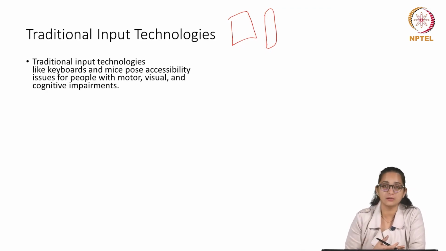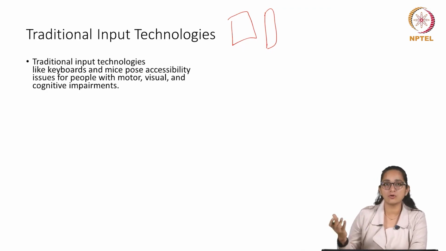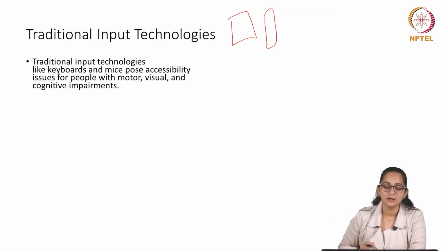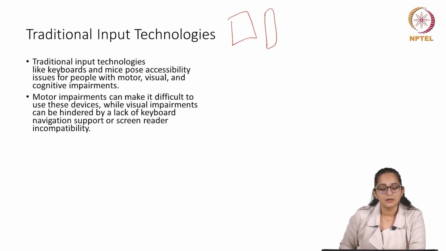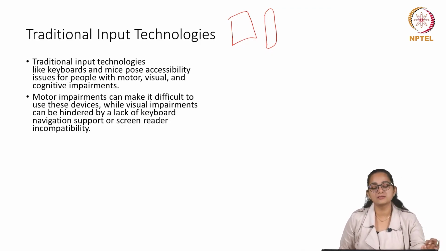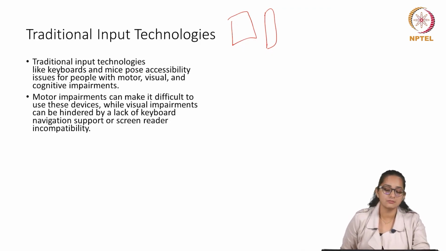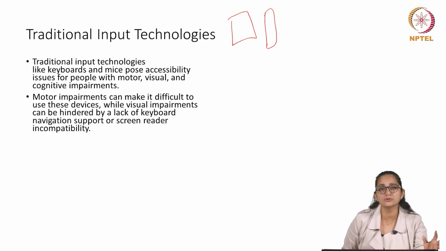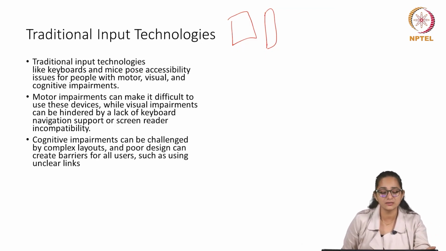We will have a deeper discussion about what kind of motor, what kind of visual or what kind of cognitive impairments would a mouse or a keyboard incur for usage. Motor impairments can make it difficult to use these devices, while visual impairments can be hindered by a lack of keyboard navigation support or screen reader compatibility. We will talk about these aspects in a bit more detail.